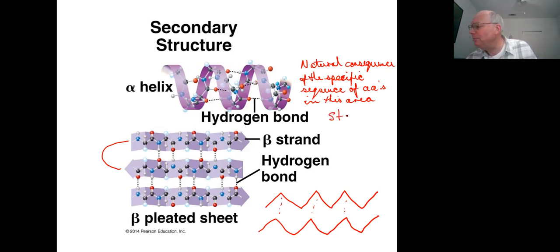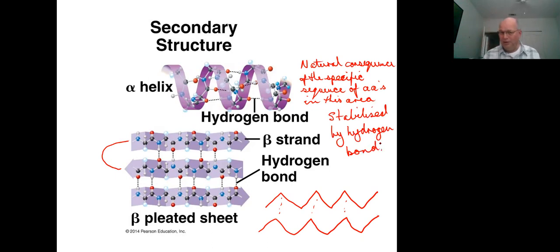And that's the other key piece here, stabilized by hydrogen bonds. So when you think secondary structure, you think alpha helix, you think beta pleated sheet, you think stabilized by hydrogen bonds.